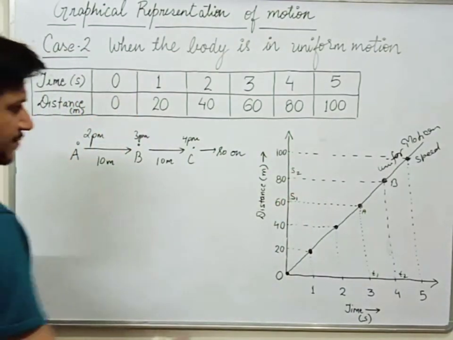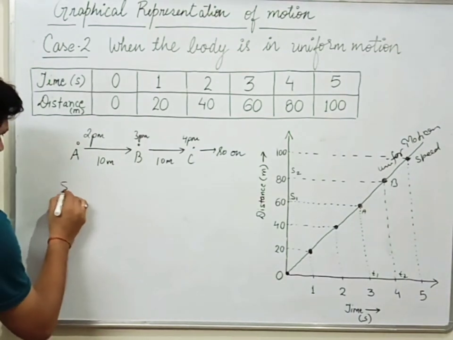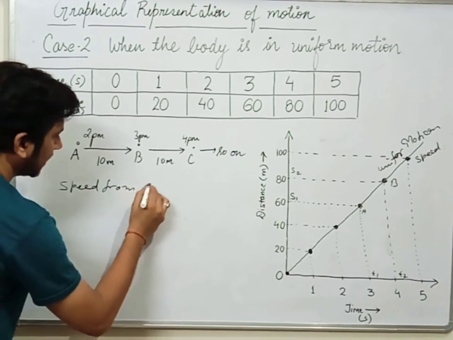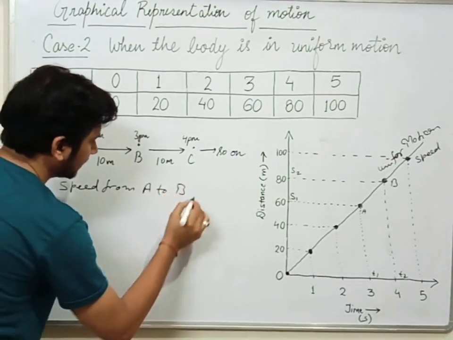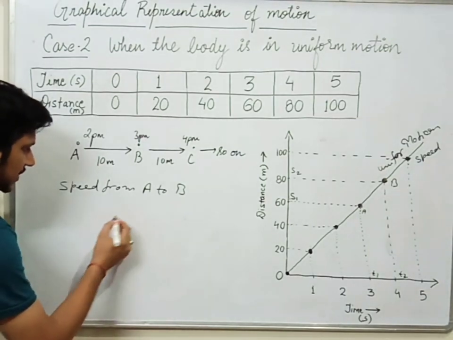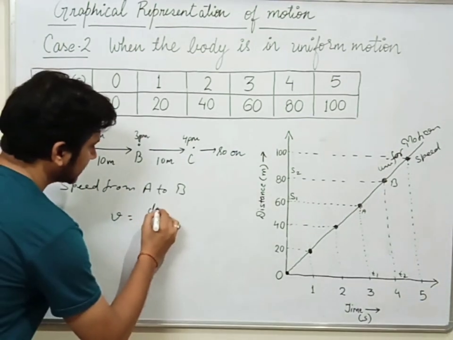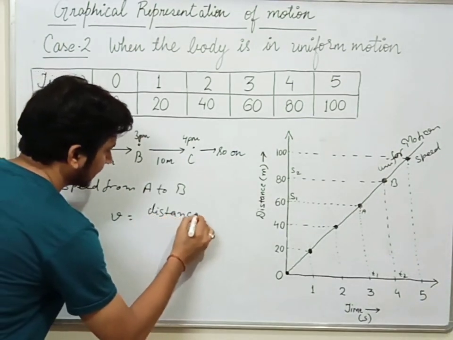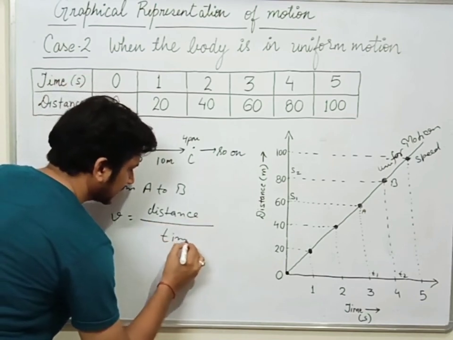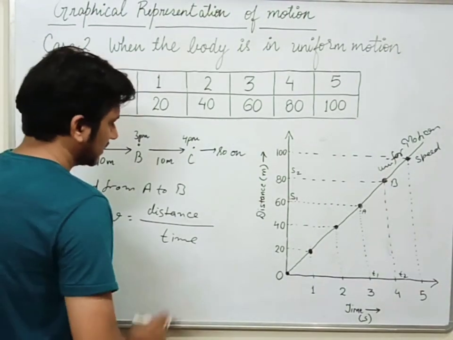So the speed from A to B of the object is, you know, speed is equal to distance upon time taken.